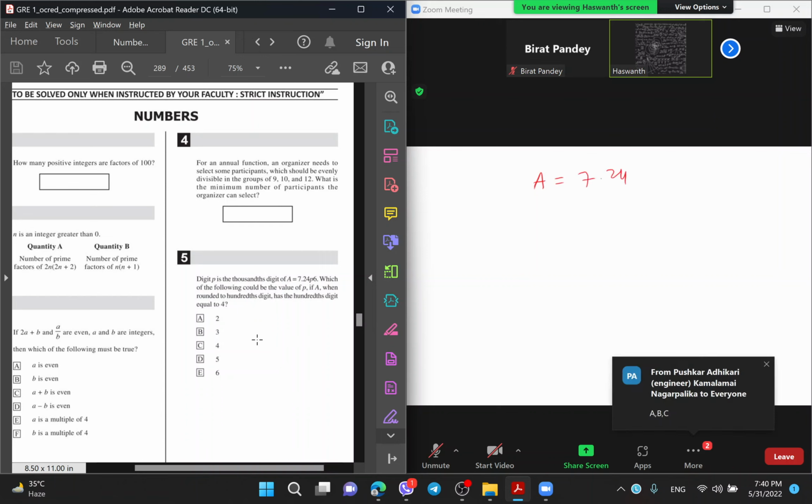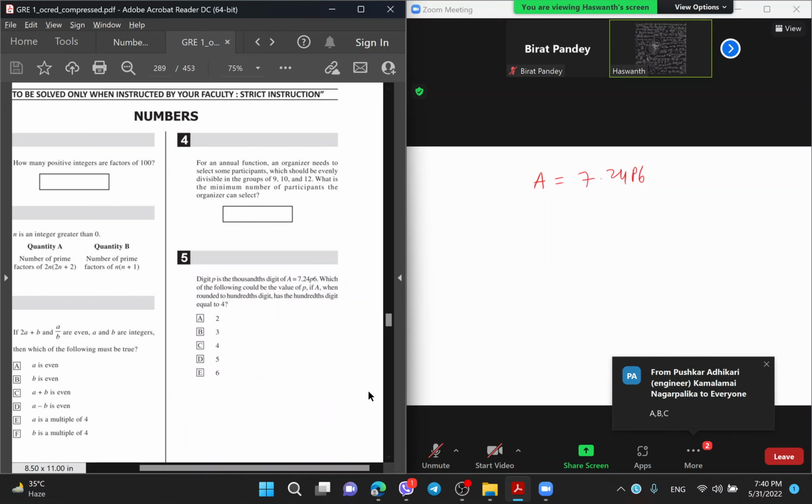So we are rounding off to the hundredth digit. Yeah, ABC. Whenever you are rounding off to a place, just observe the digit next right to it. We are rounding off to the hundredths place, so only observe the digit next right to it, what is in the thousandths place. If this digit is less than 5, we write it as it is. If this digit is 5 or more than 5, we add 1 to the place we are rounding off.